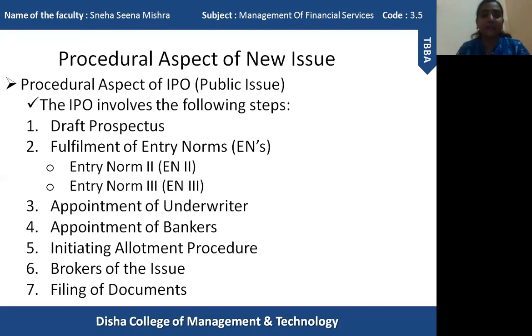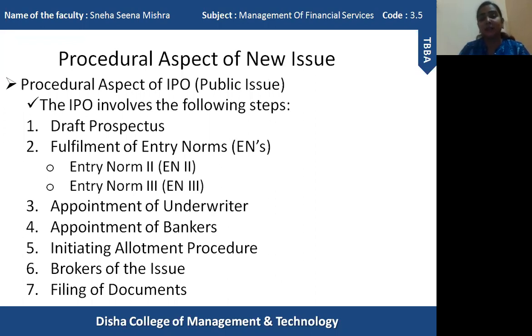The second point says that it should have distributable profits in at least 3 years. Distributable profit means they must have some amount of profit which is distributed in the form of dividend and interest. So this distributable profit must be there in the company for the last 3 years.